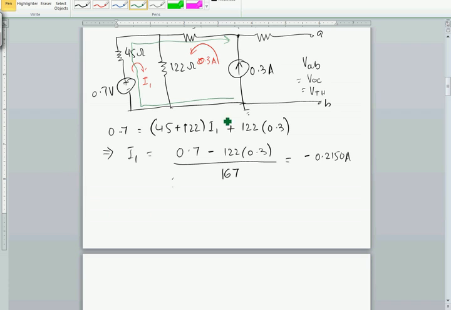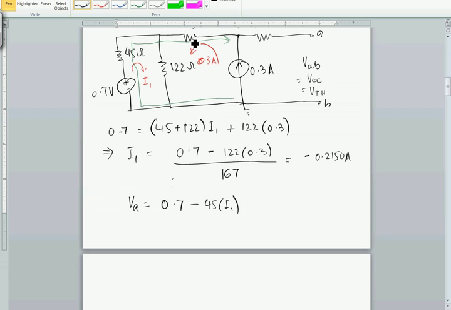Since when we cross 0.7 volt we will gain 0.7 over here, VA will be equal to 0.7 when we cross this 45 ohm resistance. Since current I1 and the direction in which we are going is the same direction, when we cross the 45 ohm resistor, some voltage would have dropped across I1, so when we get to this point we have less voltage, so minus 45 I1.